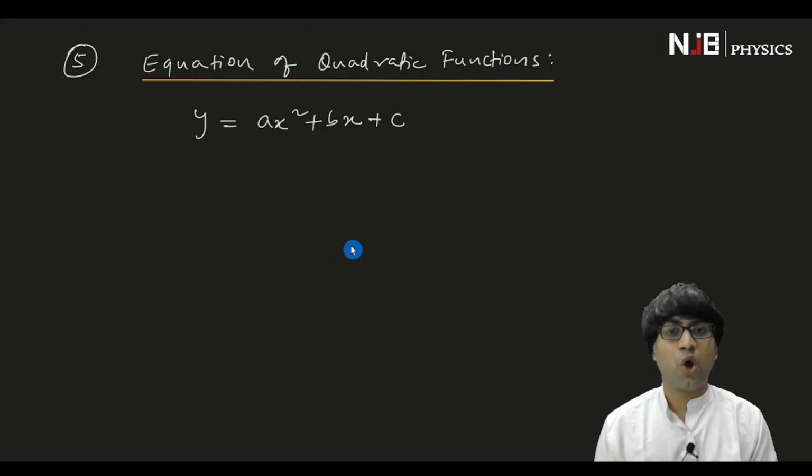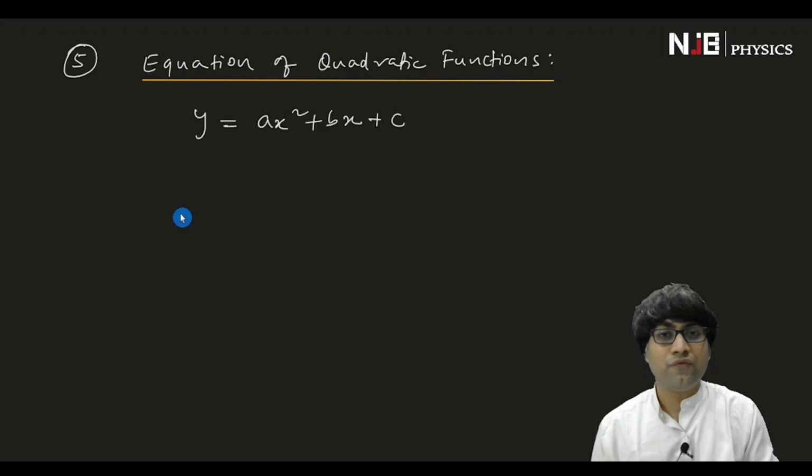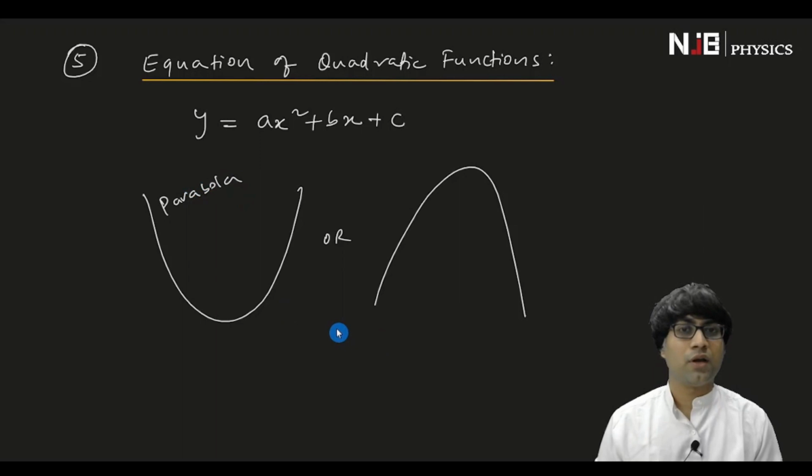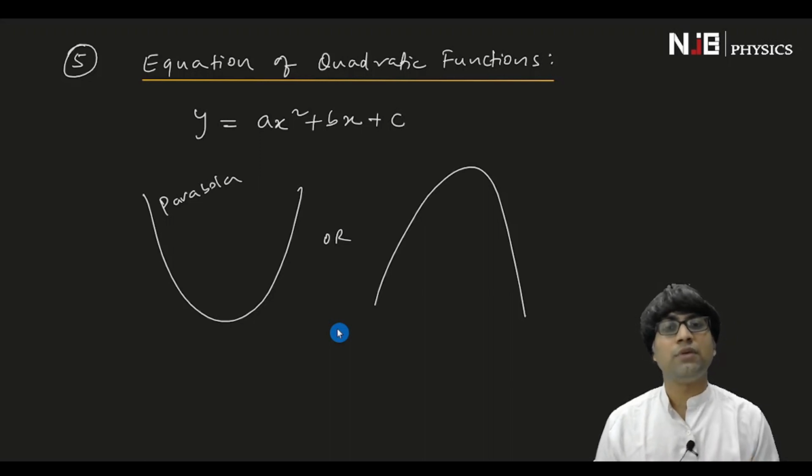And if you try to plot the graph of this equation, the graph is going to roughly look like this. So it is either concave up or it is concave down. We name this graph a parabola, and remember, not all curves are parabolas. It is because the equation of this graph is a quadratic function, and therefore we name it a parabola.